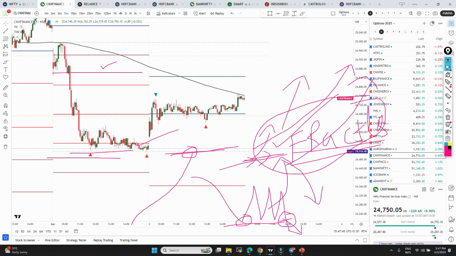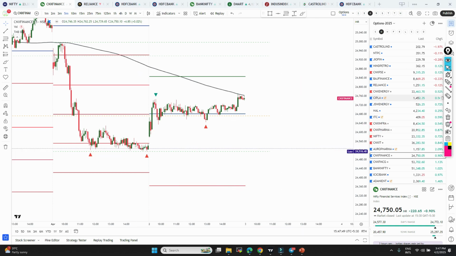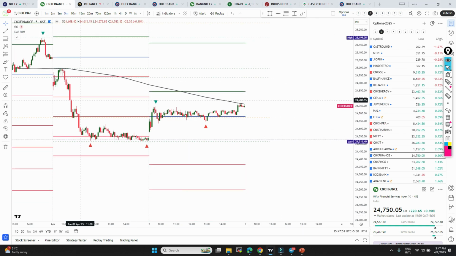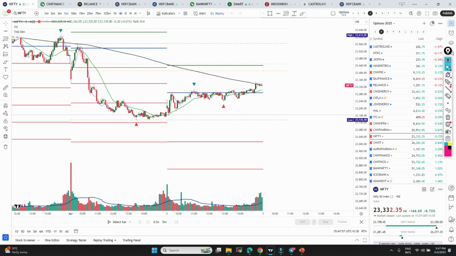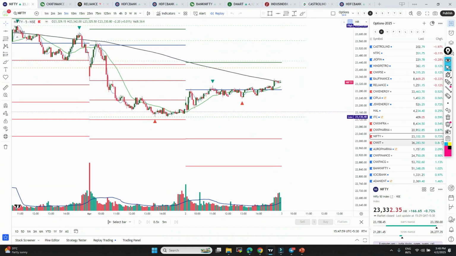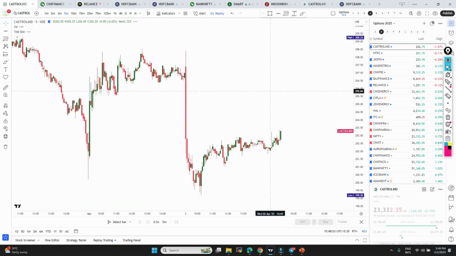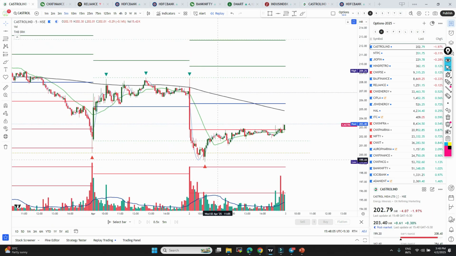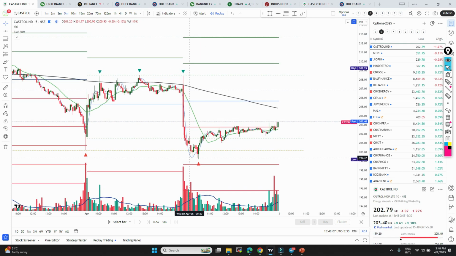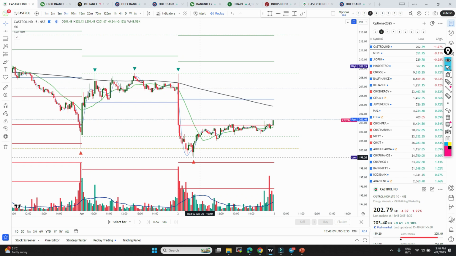Let us go into the chart. This is the Nifty chart. These are my watch list stocks. Actually, I thought of buying this stock in the reversal here, Castrol Industries, but I expected 199 and it didn't come.